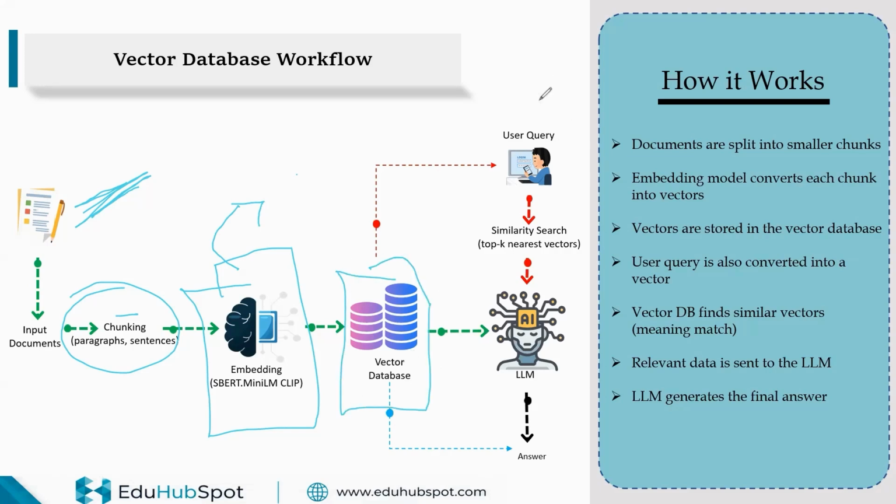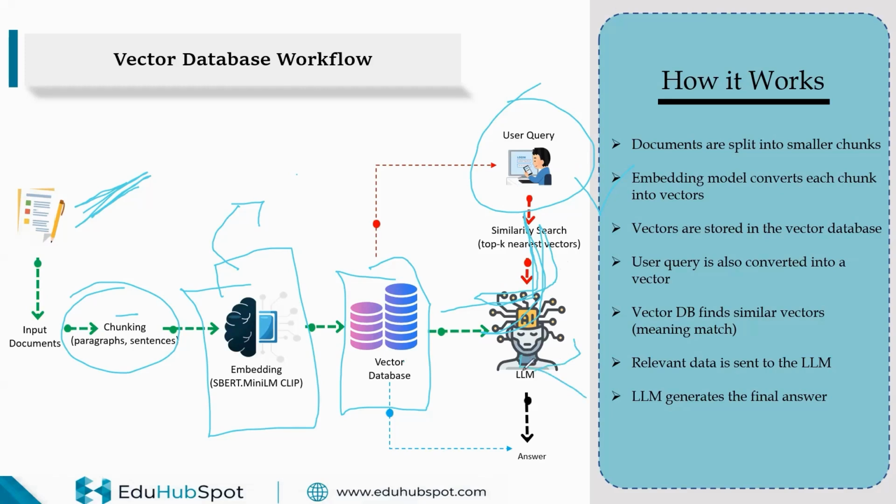Now, when a user asks a question, the query is also converted into a vector. After that, the vector database compares the query vector with all the stored vectors and finds the most similar ones, meaning the data that is closest in meaning to the user's question. These relevant results are then sent to this LLM.